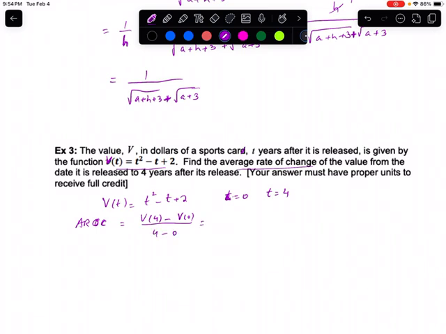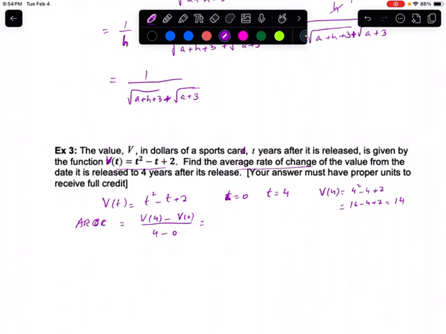What is V of 4? V of 4 equals 4 squared minus 4 plus 2, which is 16 minus 4 plus 2, 14. And V of 0 is 2.